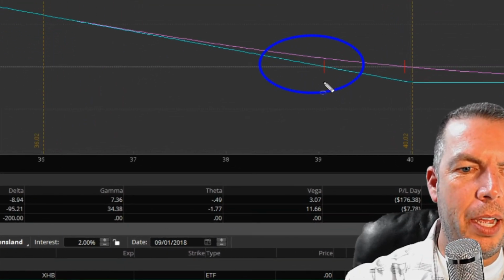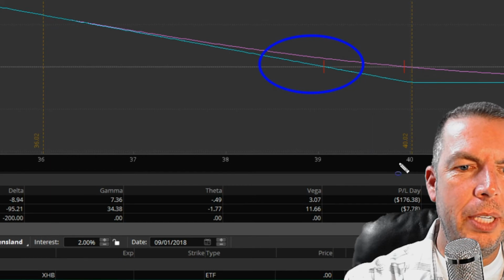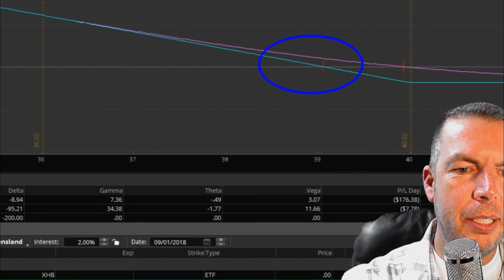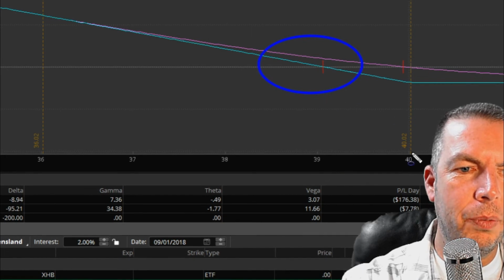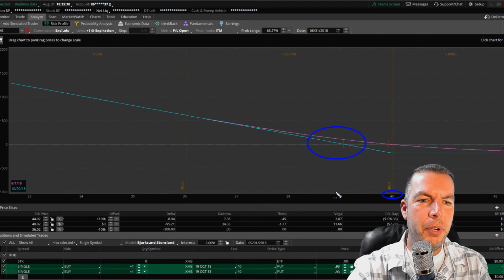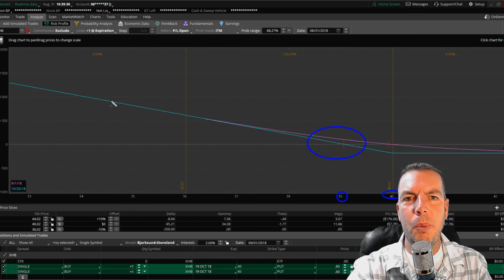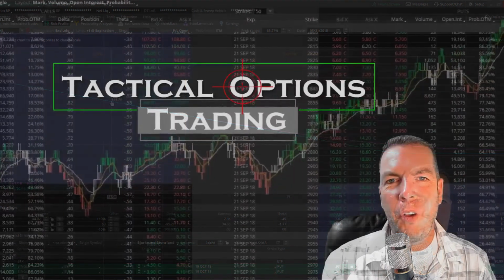Right here, this red line, you can see that the stock would need to drop approximately 93 cents, what we paid, so almost $1. From that $40 down to just under $39 until we break even. This green line here is our option at expiration day. So this is where we would need to be at expiration or below in order to break even or make money in this case.